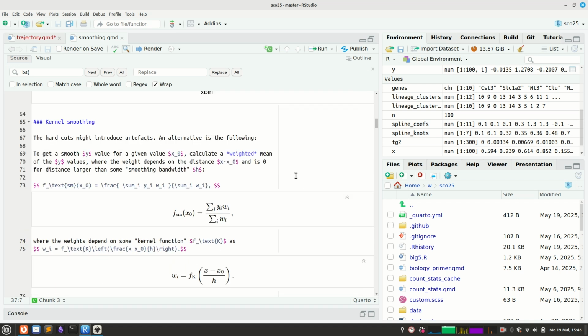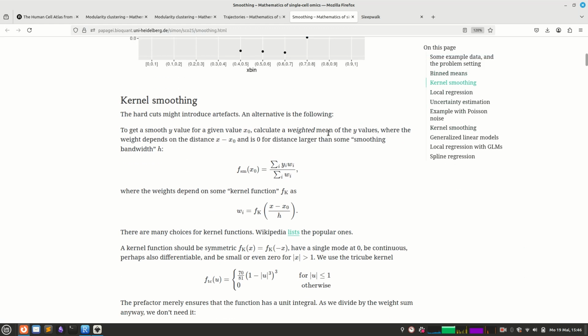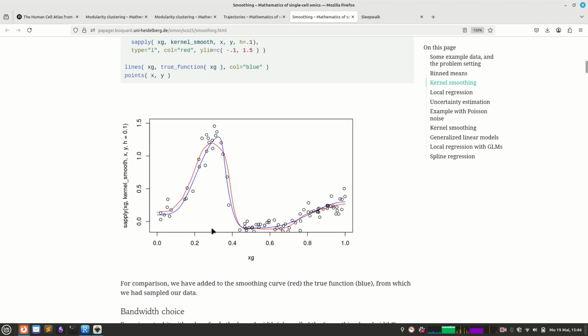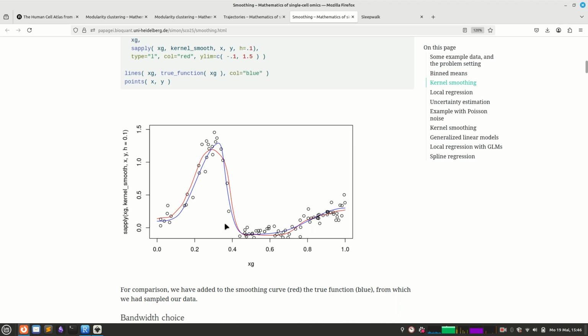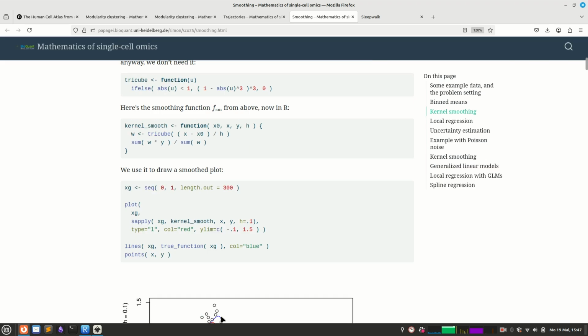Let's do something better. The most widely used standard method is called kernel smoothing. Kernel smoothing works as follows. For each possible value x for which I want to get a point value, so let's say I want to find the value of my smooth curve at position 0.25, I calculate the weighted average of all the y values around this, as I've done before, but I do not make a rough bin, but instead I weigh each point according to how far it is from the point which I want to calculate.